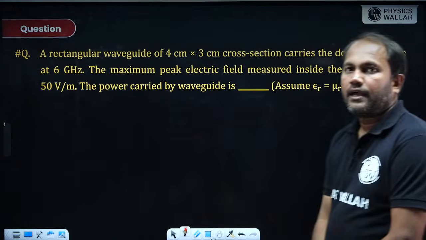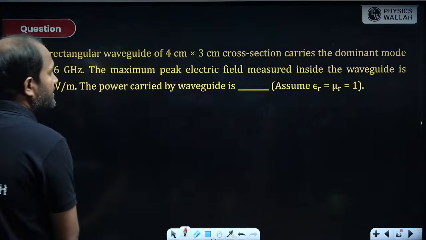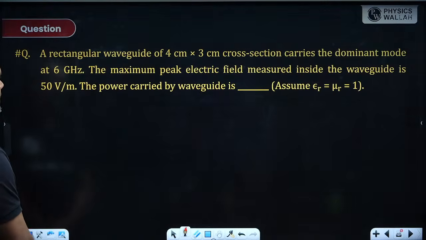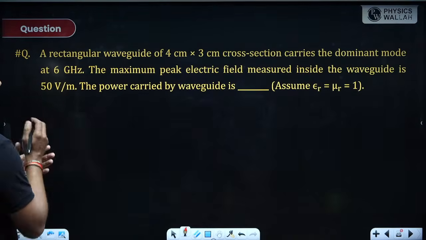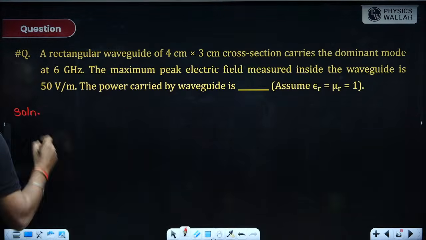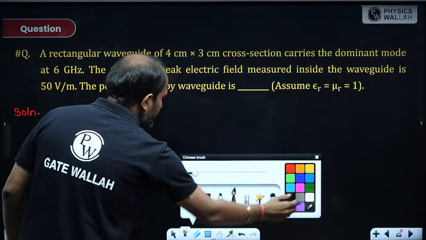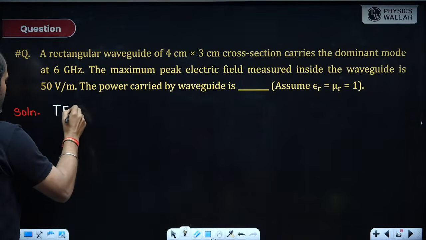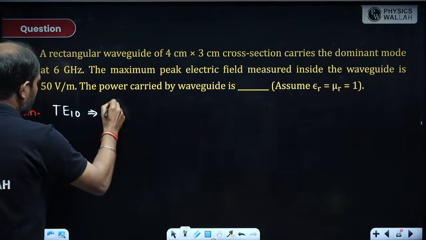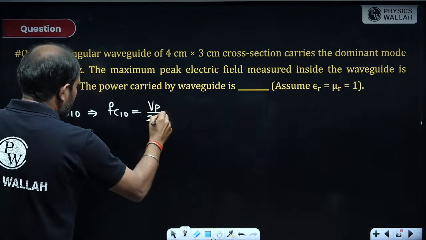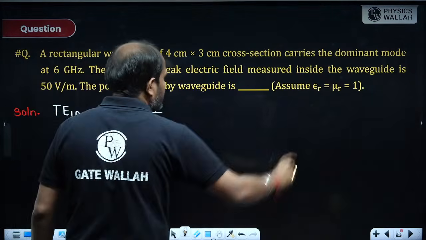Then a rectangular waveguide, A is given, B is given, dominant mode is given, 6 GHz is given, peak field is given, and they are asking the value. So first of all, A is greater than B, so the dominant mode is the T10 mode. So FC10 is c0 by 2a times root of epsilon and mu r, which is 1.